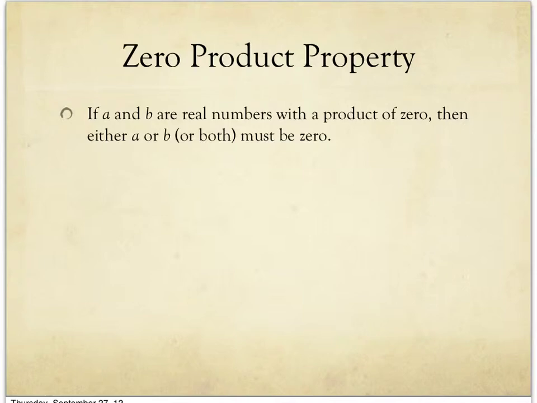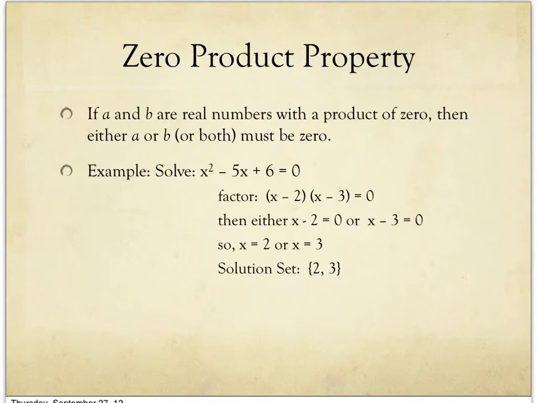Now let's talk about the zero product property. If we have two numbers multiplied together, and we know their product is 0, then let's think about this. Shouldn't one of them be 0? Because the only way you can multiply two numbers together and get 0 is if one or both of them are 0. And this property comes in very handy for solving quadratic equations or any other equations.